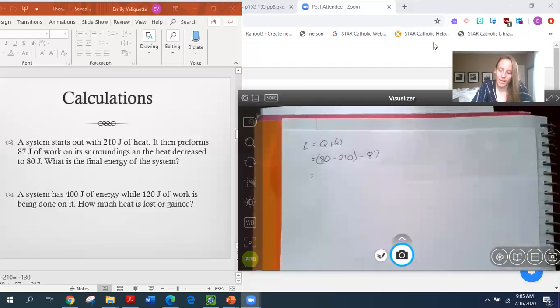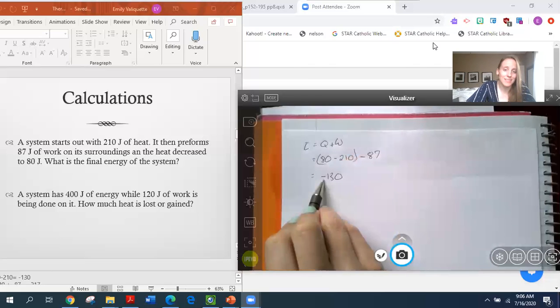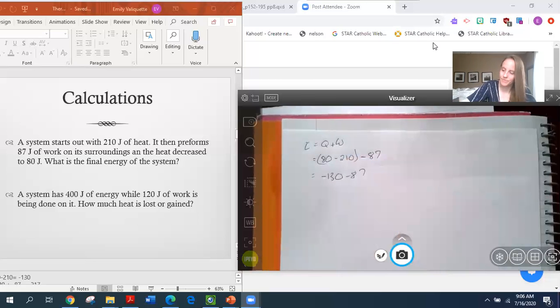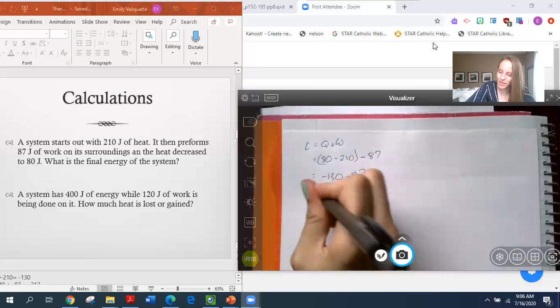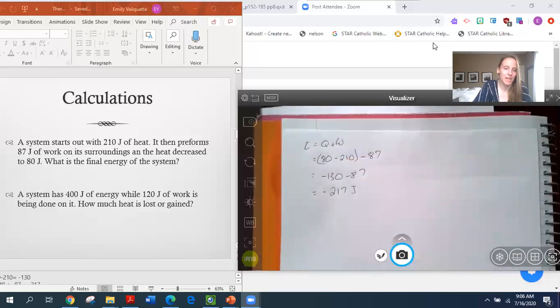Then we just do 80 minus 210, which is negative 130. The good thing is we have a negative here because it does say the heat is being decreased. So we should have had a negative. And then subtract 87 is negative 217 joules, which would be our final answer.